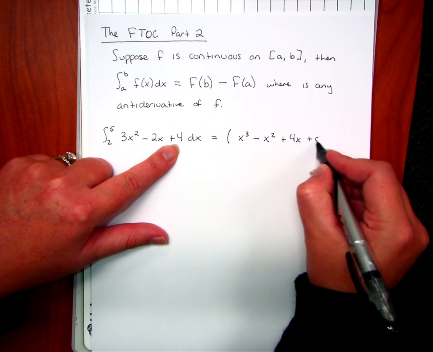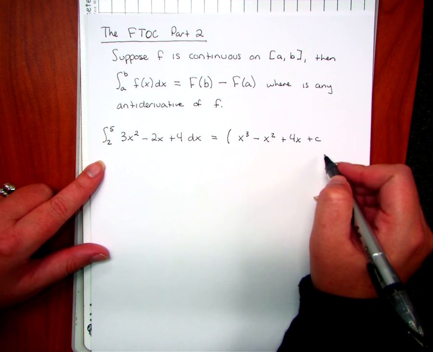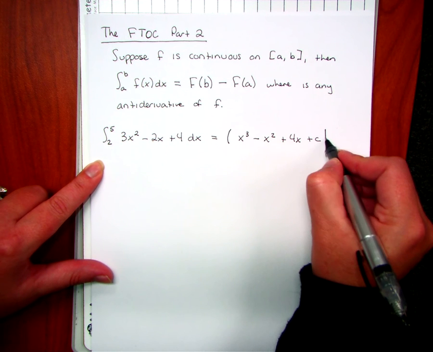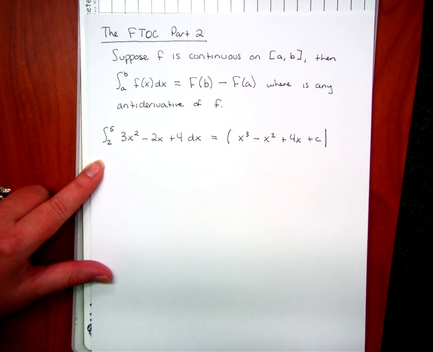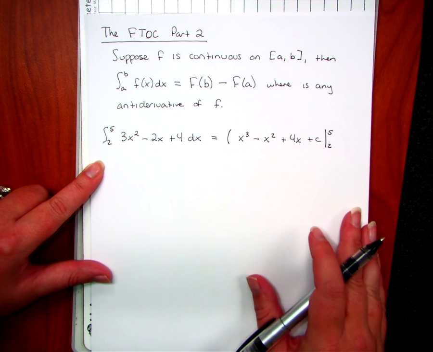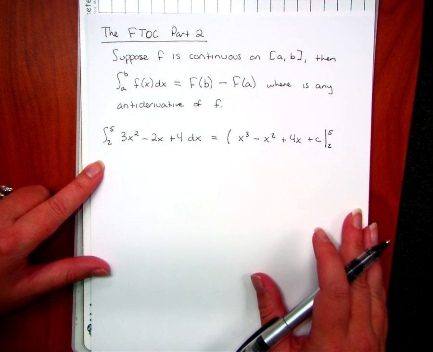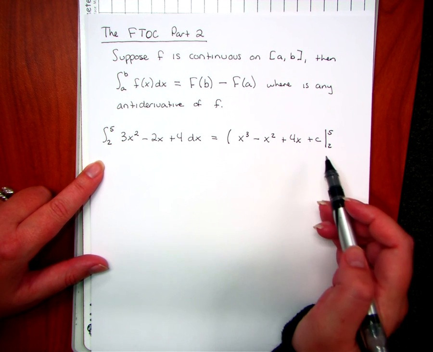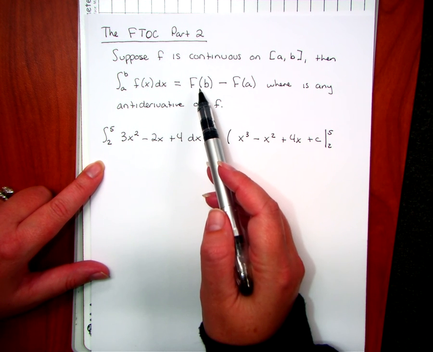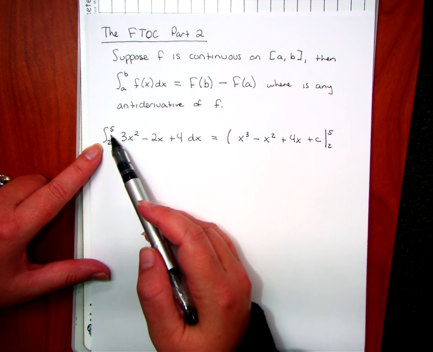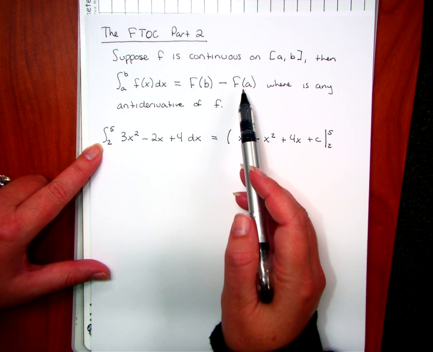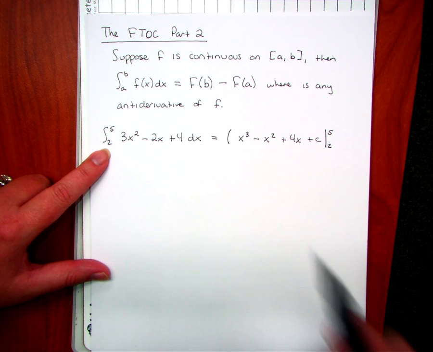I'm going to add a c for that any antiderivative. Now, this is my antiderivative, and I want to evaluate it. Evaluate is usually indicated with a vertical line, and we want to evaluate from 2 to 5. The fundamental theorem of calculus part 2 says we need to evaluate the antiderivative at b, the top number, minus the antiderivative evaluated at a, the bottom number.